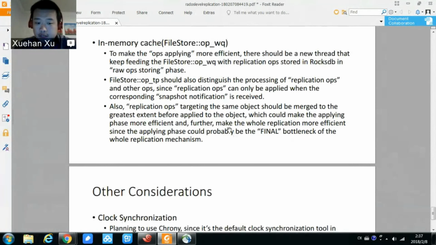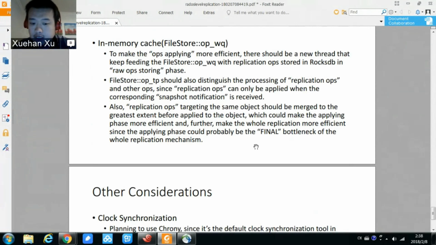And also, replication ops targeting the same object maybe should be merged to the greatest extent before being applied to the underlying object, which we think could make the applying phase more efficient and make the whole replication more efficient. Because we think the applying phase in the backup cluster could be the final bottleneck of the whole replication mechanism.